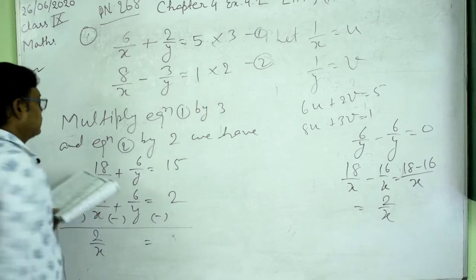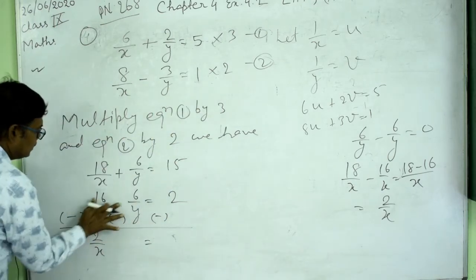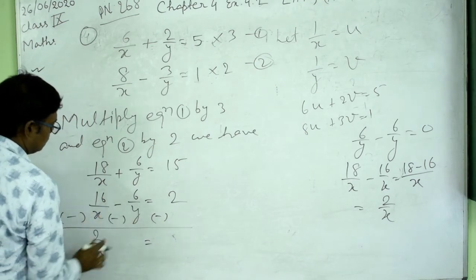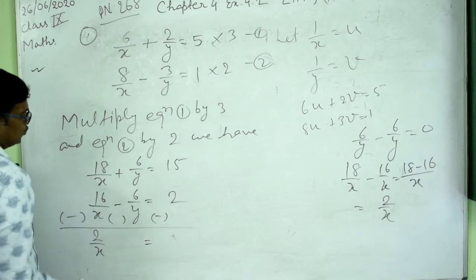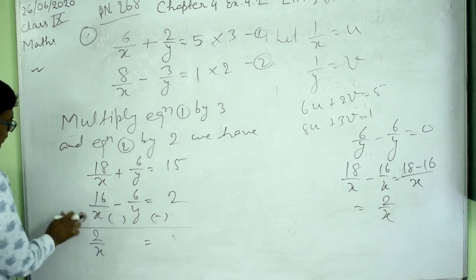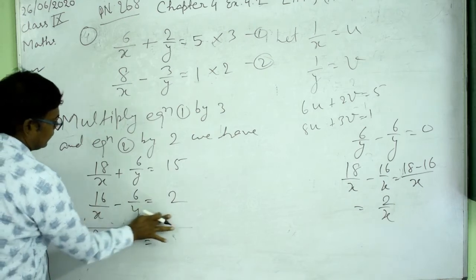So minus here, and this is 1, so write minus, and then we have to add, because this is plus and this is minus, so we have to add these two. So when you add, these two will cancel here, so we are adding, actually we are not subtracting.